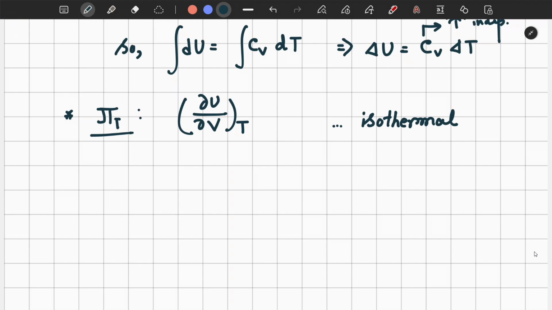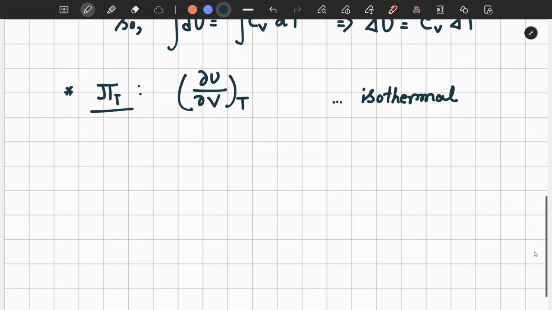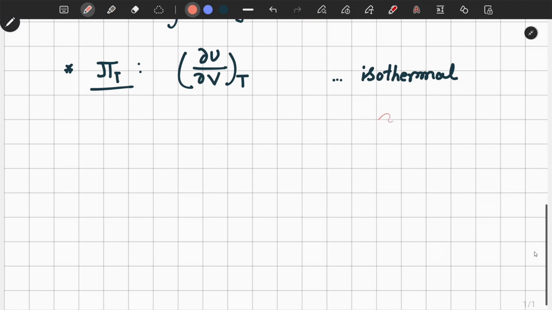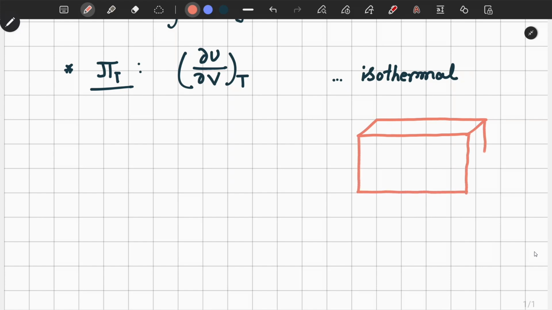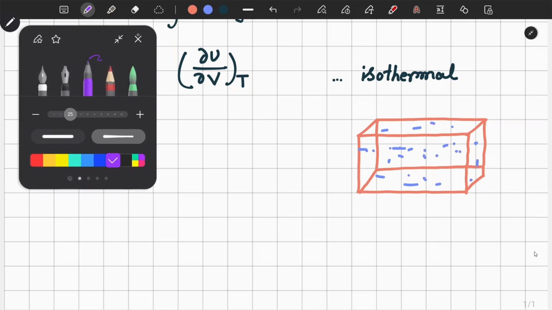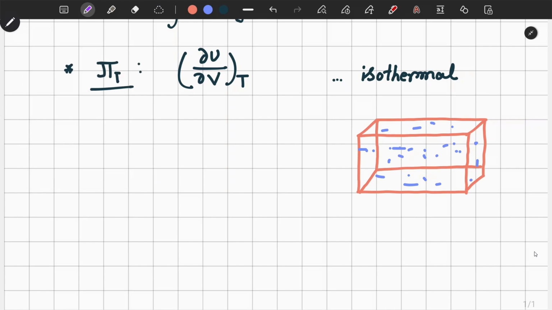Now Joule tried to calculate this through an experiment. How he calculated that, I'm showing. What was his experiment? This is a thermal bath type, where liquid is there, not gas.